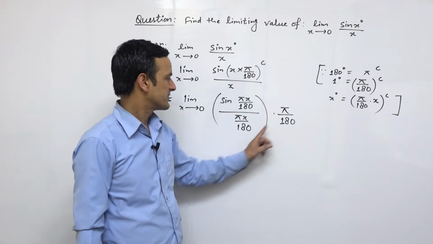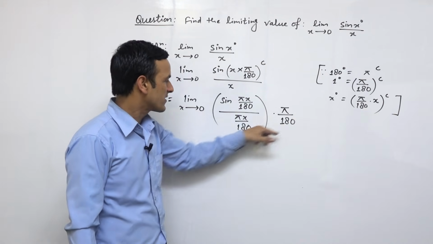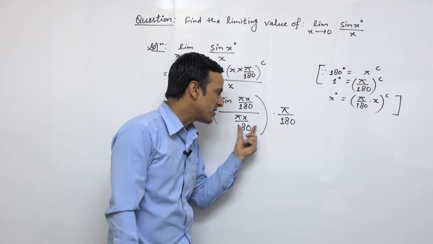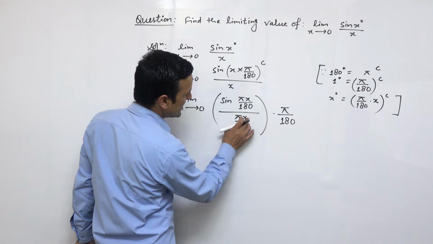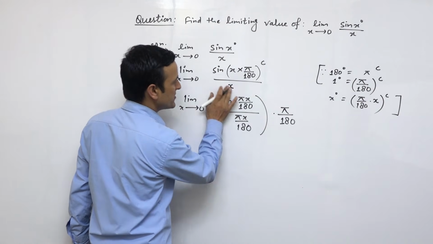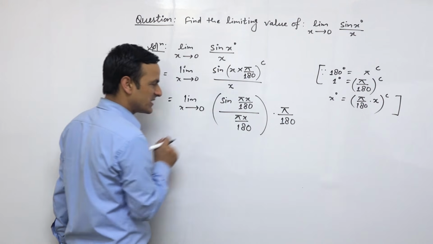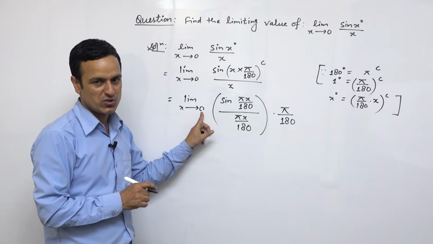It is divided and this is multiplication, and if you cut down then we get the same term. So to balance it, we multiplied by pi upon 180, and x is already here with us. x remains the same, and now it becomes sin theta divided by theta when theta tends to 0 or x tends to 0.